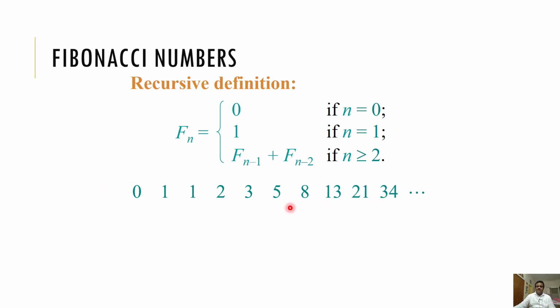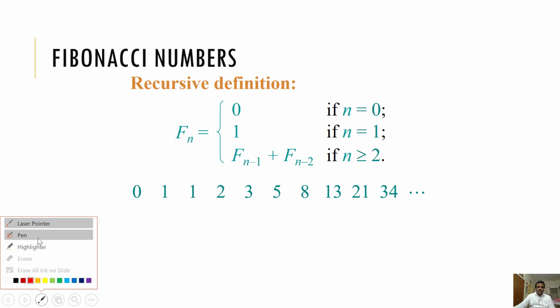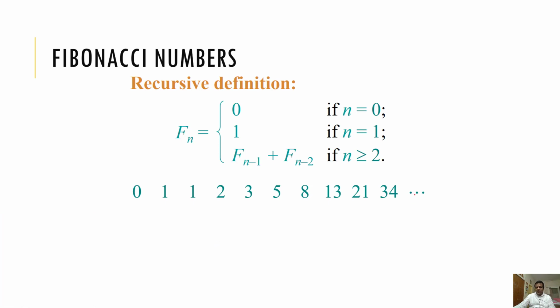So this is the Fibonacci number. Now we want to find Fn for a given n. Suppose our problem is to find, say, F2020.